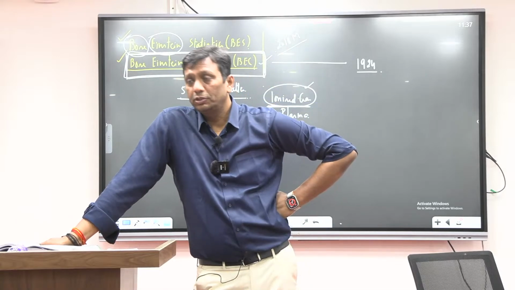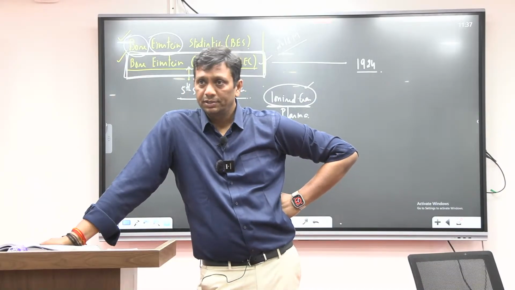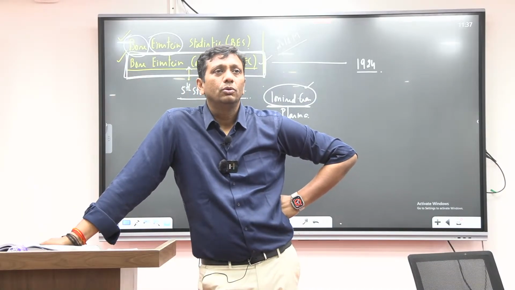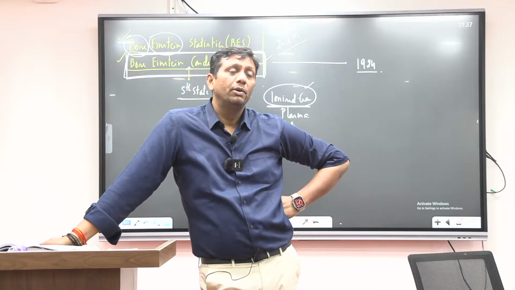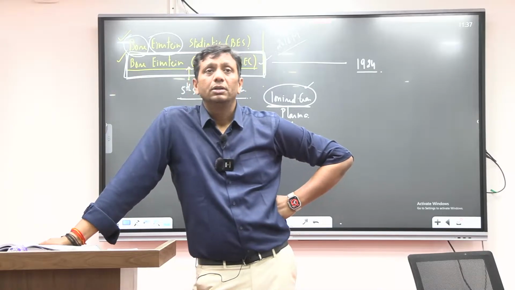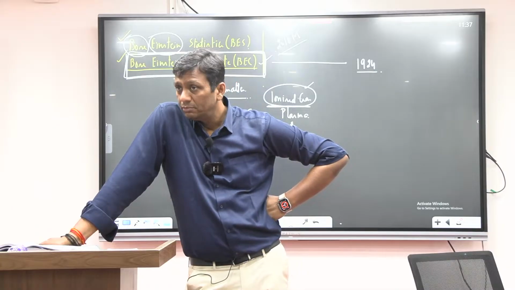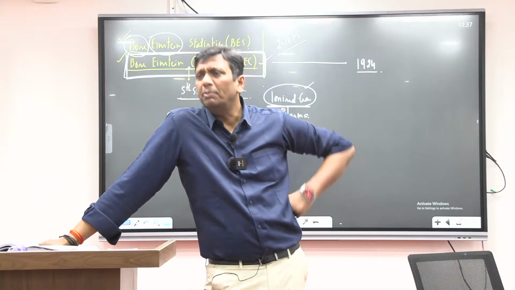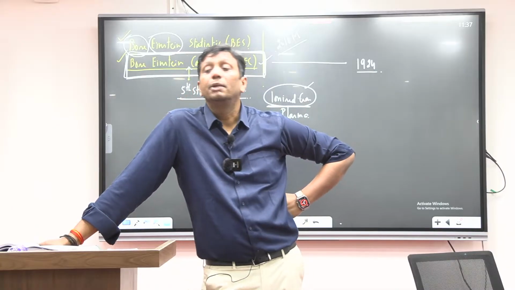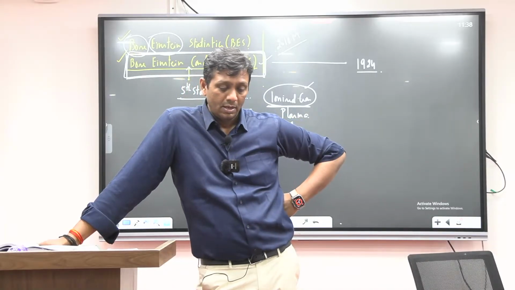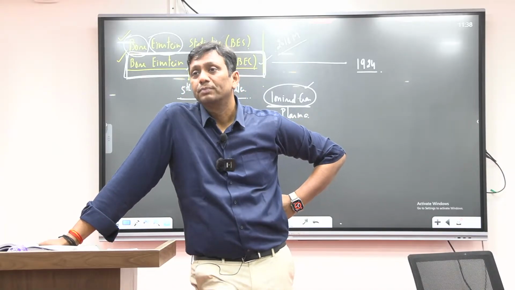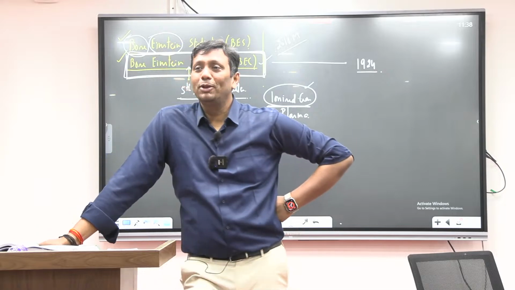Which person should we give the award and popularity? So Time magazine did a survey, and many people said the US president, somebody said Hitler, somebody said Napoleon, somebody said Mahatma Gandhi. Many opinions were there.